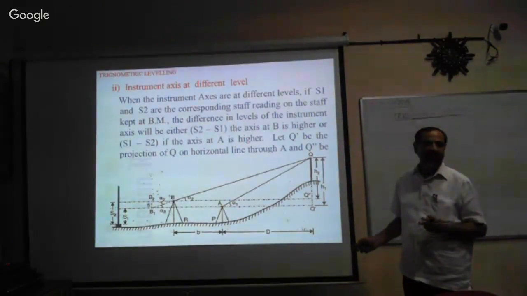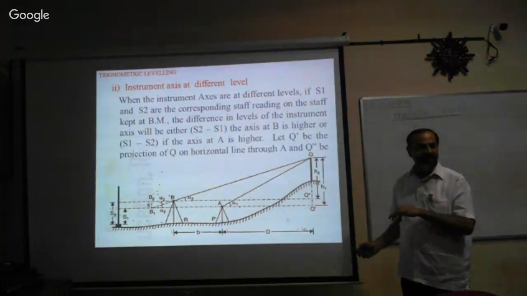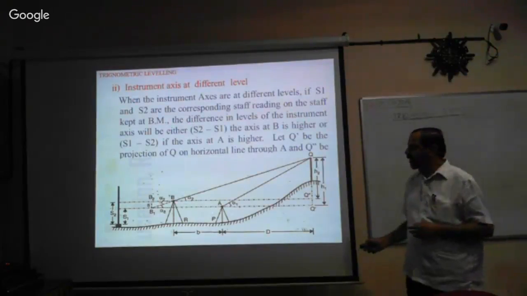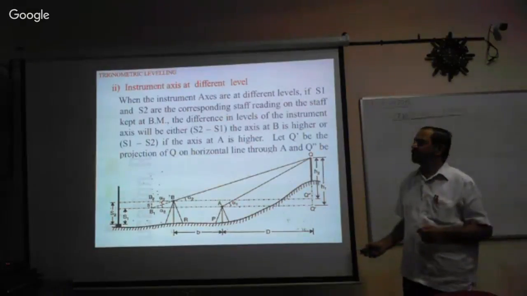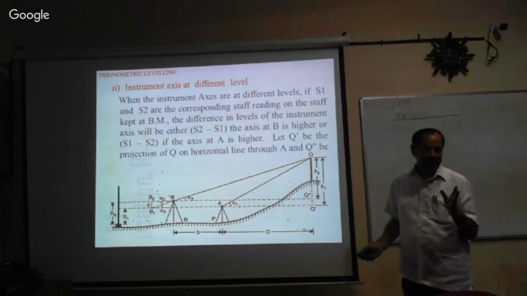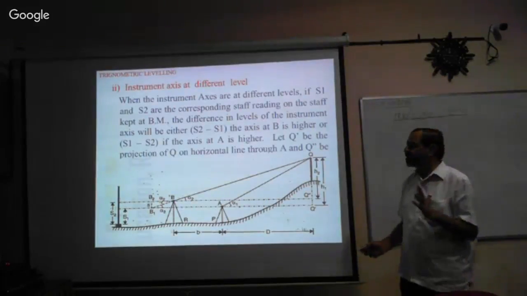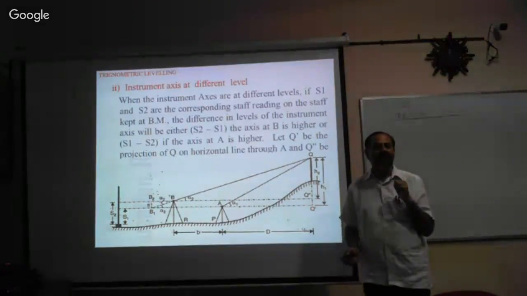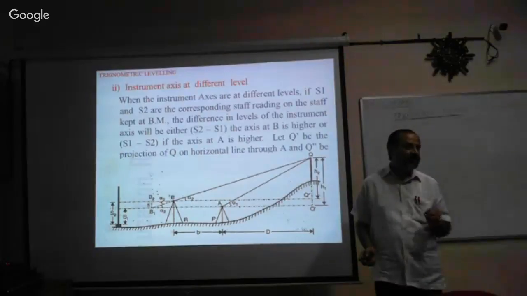This is one situation. There may also be the reverse, where this becomes higher and this becomes lower. Got it? Understood? Under such circumstances, what is our solution? How to do this?